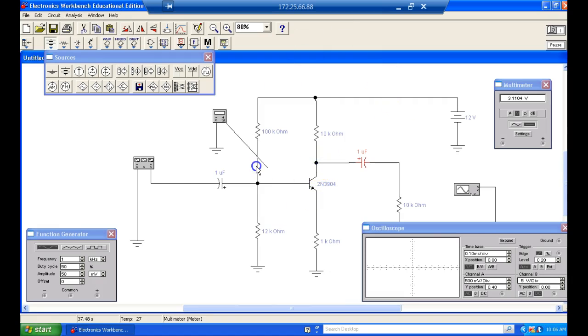The next thing we would do is we would move over to here. It's measuring what it's supposed to be. So if this guy's measuring what it's supposed to be, we know that the 12K has no problem, right? You understand? So we move over here. So the base voltage has gone down. Well, this guy should have a problem, but I just screwed up.